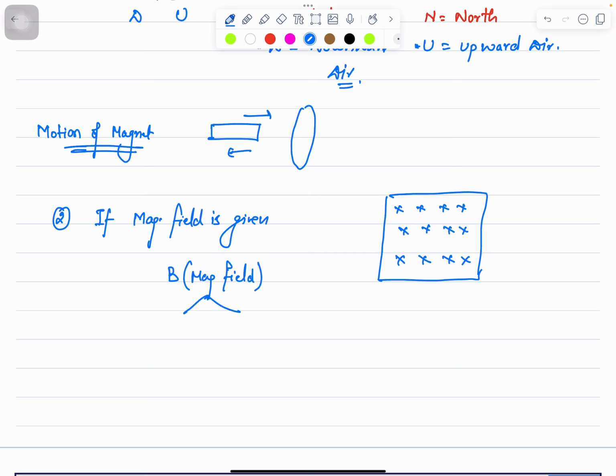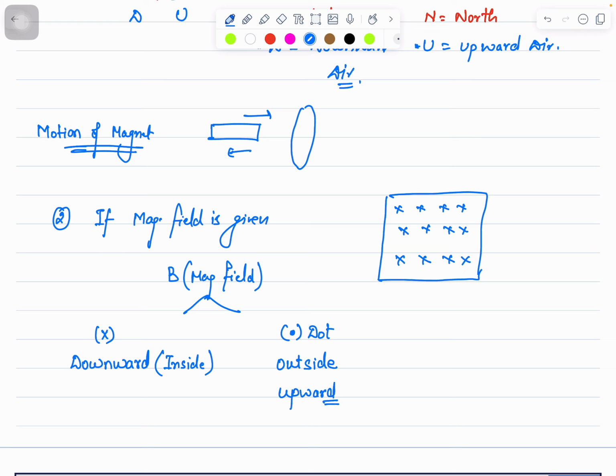We know we have two types of direction. One is cross, which means downward, towards, or inside. You can say downward or inside. Clear? And the second is dot, which is outside or upward.